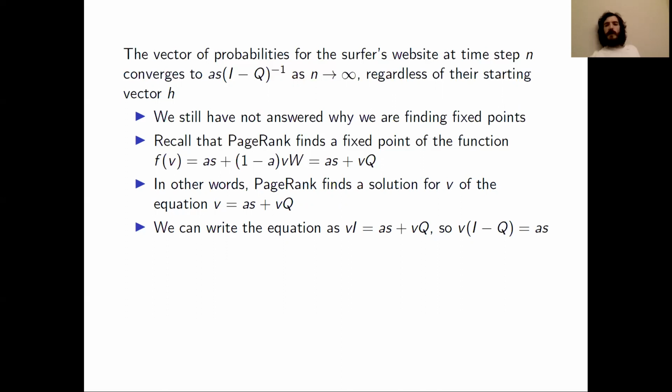And I minus Q is invertible, so we can solve for v and get v equals AS times (I minus Q) inverse.